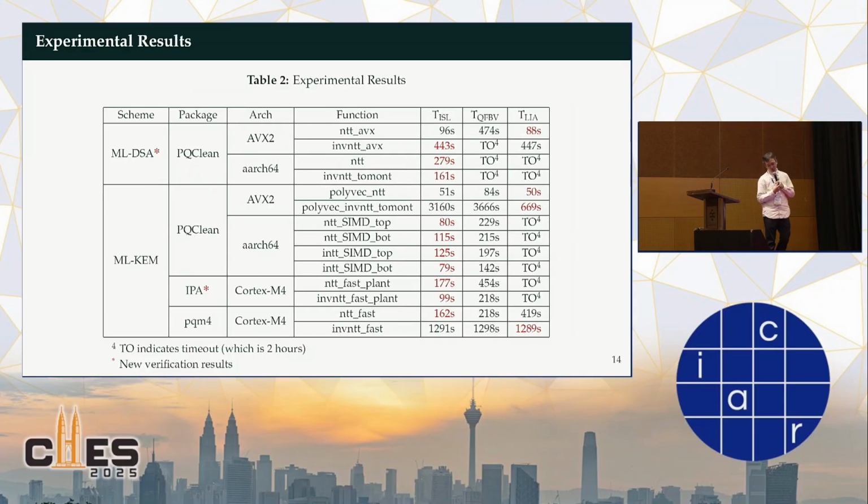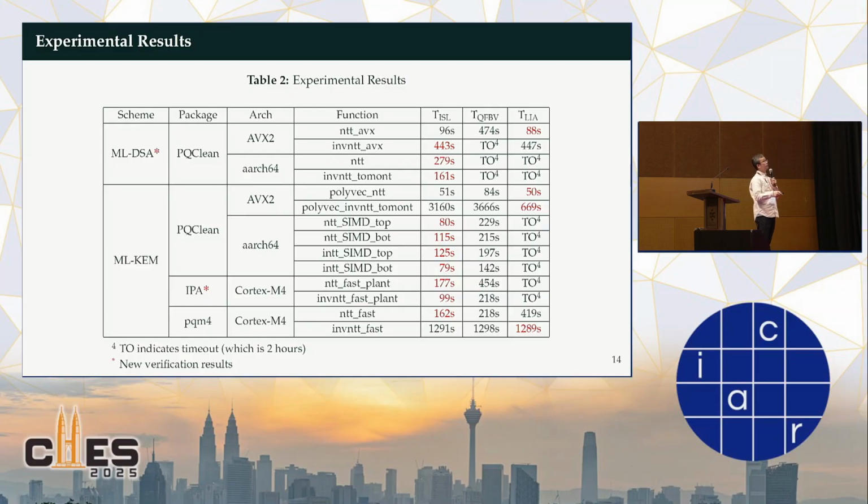And this slide shows that ISL is the best in verifying those NTT and inverse NTT implementations. And the SMT QF_BV works well for 16-bit implementations of ML-KEM, but still ISL is the best.